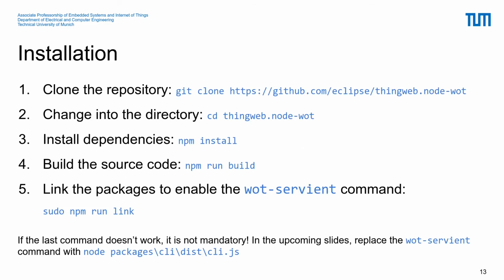To install it, you can just clone the repository, change into the repository, install the dependencies, build the source code, and lastly, link the packages at system level such that you have the servient command available in the whole system, in any directory.